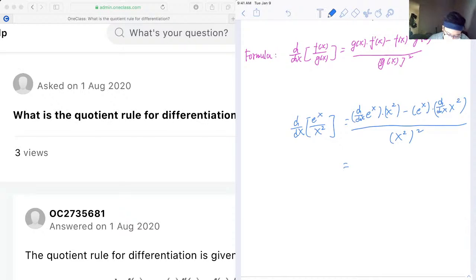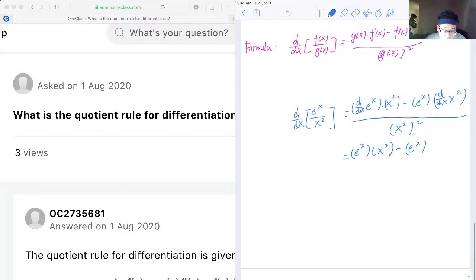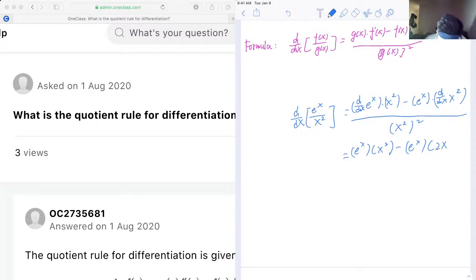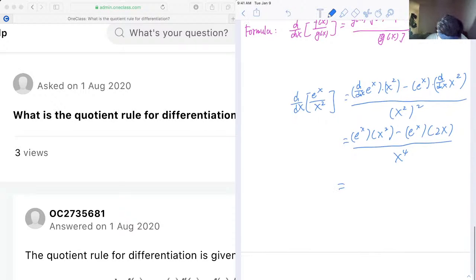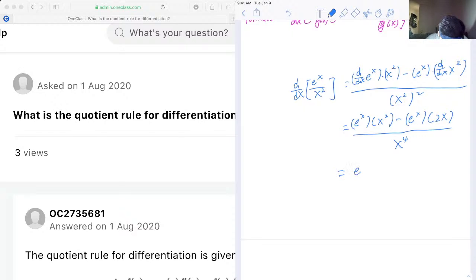So the derivative of e to the x is just going to be e to the x itself, times x squared, minus e to the x times the derivative of x squared. So we need to move the exponent 2 to the front as its coefficient and minus 1 for the exponent part. So we have 2x. And the denominator just becomes x to the exponent of 4. Okay, and take the common factor. So that becomes e to the x times x minus 2 over x to the exponent of 3.